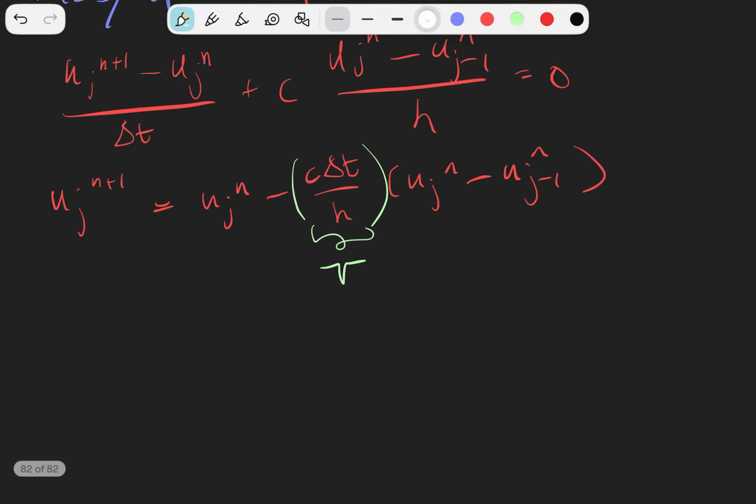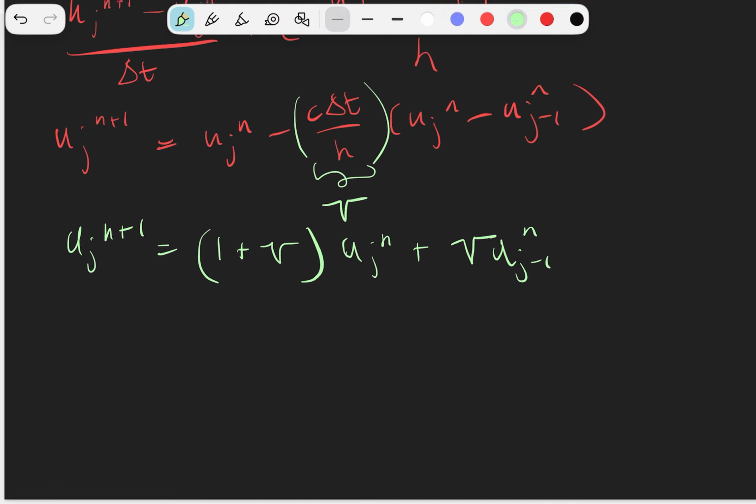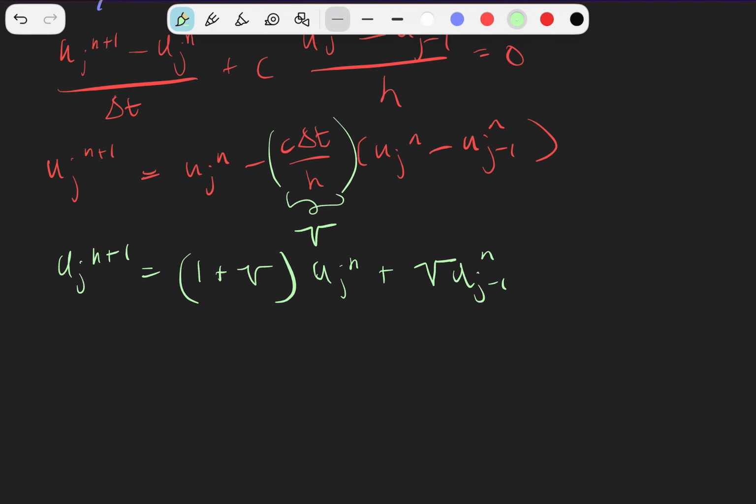And if we group all the terms together, let's just keep it green, I guess, we can have U sub j, just to show that this is our official scheme that we've created. Nu, simplifying things, U_j^n plus nu U_{j-1}^n.